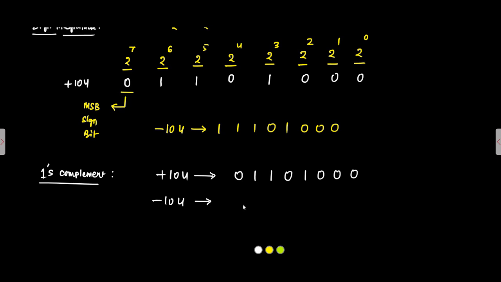So it will become 1 0 0 1 0 1 1 1. This is the 1s complement form. Next is the 2s complement method.